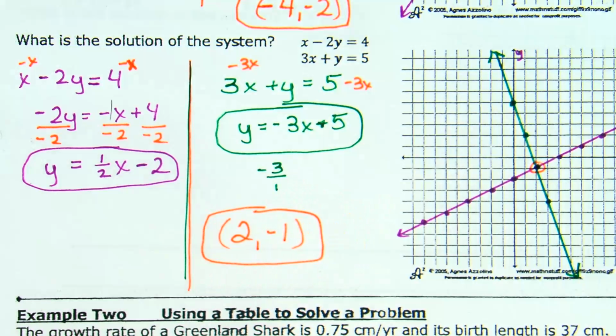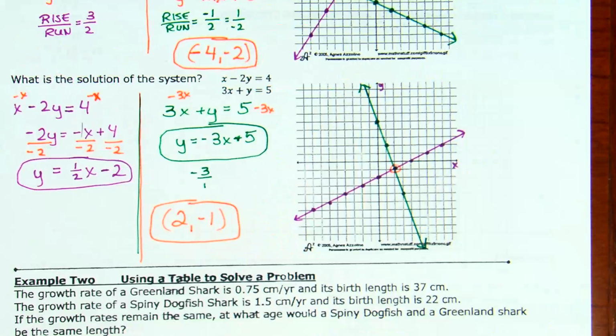I have a note to myself before we move out of the graphing section here, to review our horizontal and vertical lines. You guys remember how to graph when you get a horizontal or vertical line thrown at you?